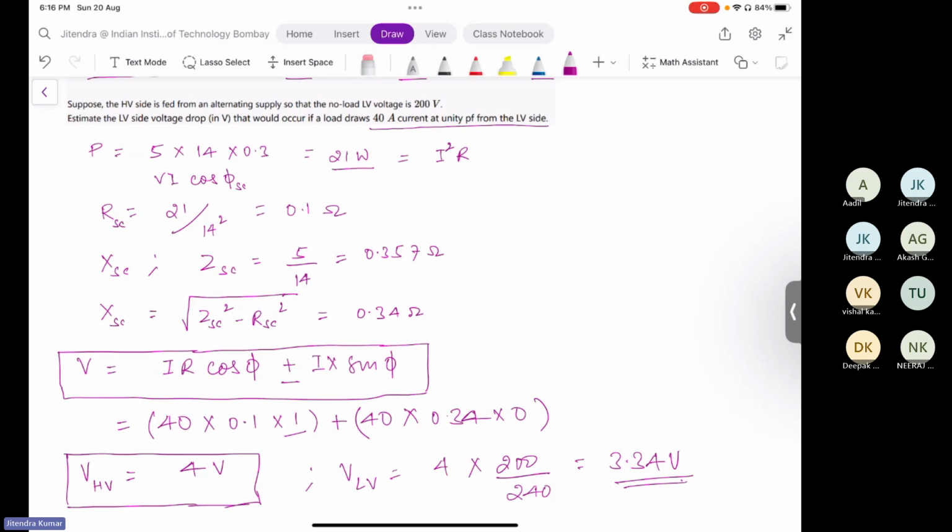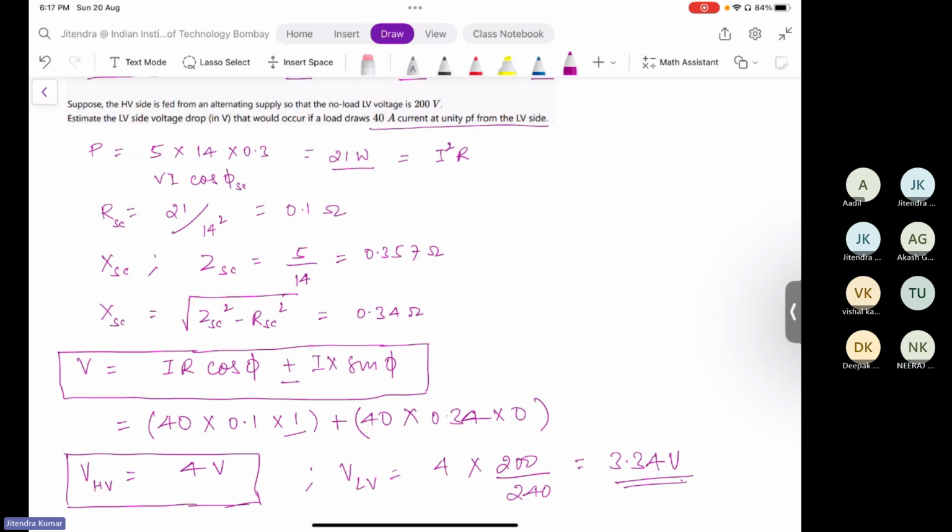Can you point out any mistake done in the solution? Sir, we have used the current on the low voltage side and the resistance and reactance values of the high voltage side. Perfect. That is the mistake that is done.